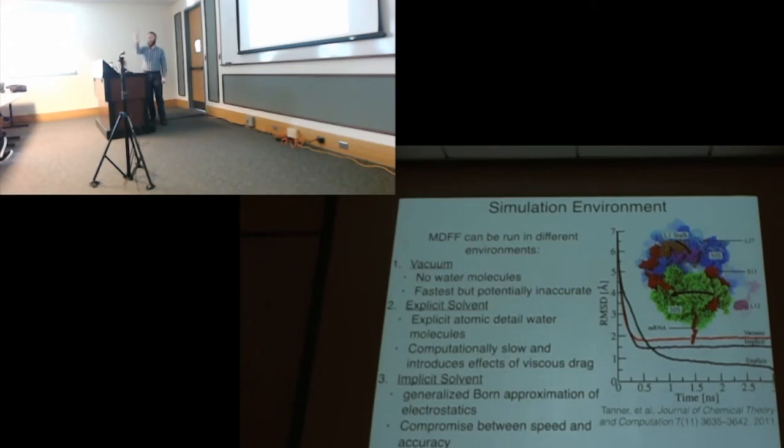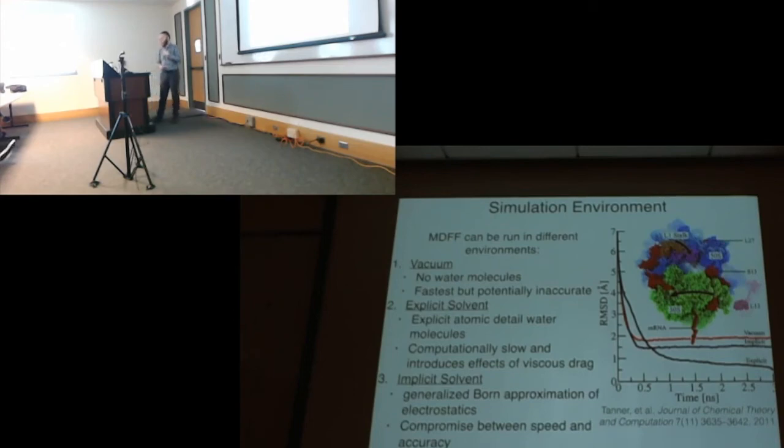So there's a drag on your system. So it actually takes not just more computational power to simulate because of the extra atoms, but it takes longer to converge because you have to push those water molecules out of the way. So you can see in black here, the explicit solvent calculation is very accurate. It gets to a very good structure, but it takes a long time to actually converge there.